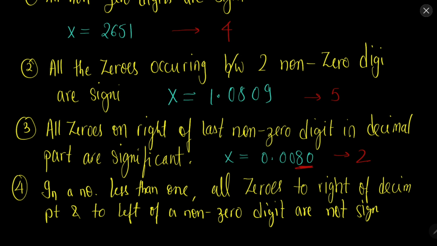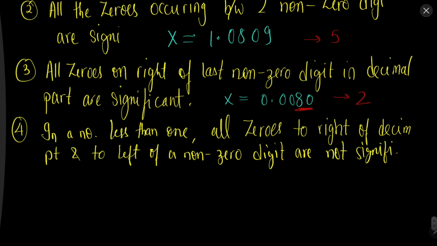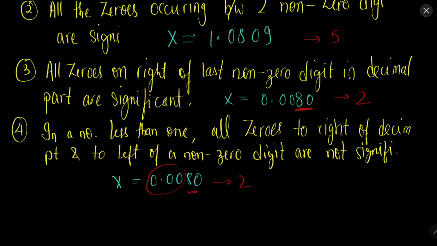This is just the corollary of the third point. For example, x is 0.0080. Here we have only two significant digits. What this fourth point is saying is that first, the number is less than 1, and secondly, these zeros are in between the decimal point and the non-zero digit, so these zeros are not significant.